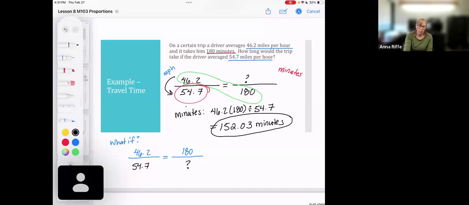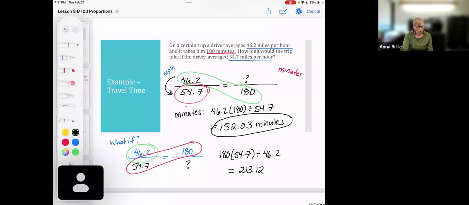And then I did my cross multiplication, multiplied those two, divided by that one. I would get 180 times 54.7 divided by 46.2. Put that into my calculator and I would get about 213.12.